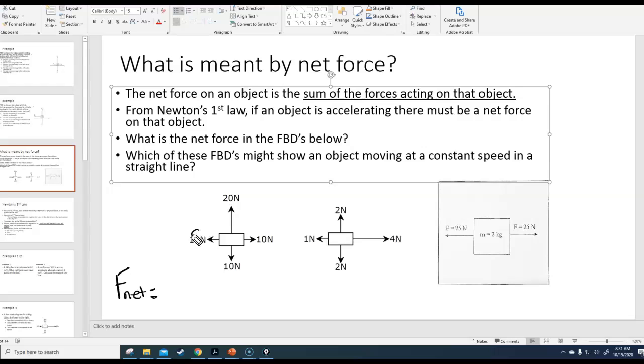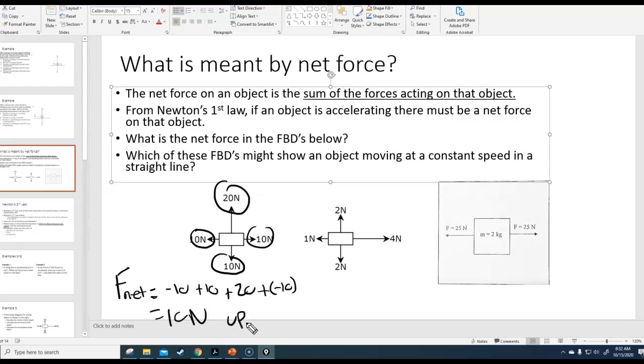So if I look at this, it is negative 10, this is positive 10. Those two are going to cancel out. Plus, I have a positive 20 and a negative 10. That gives me a net force of 10 newtons up.